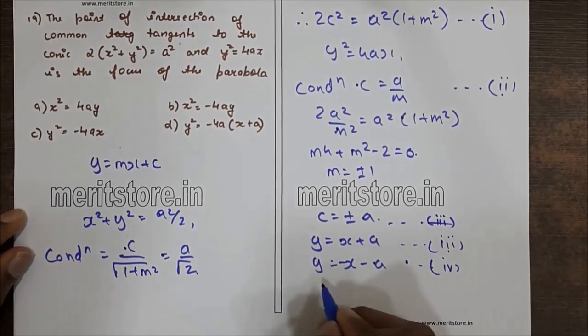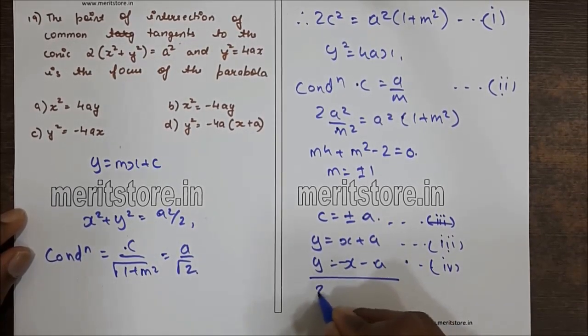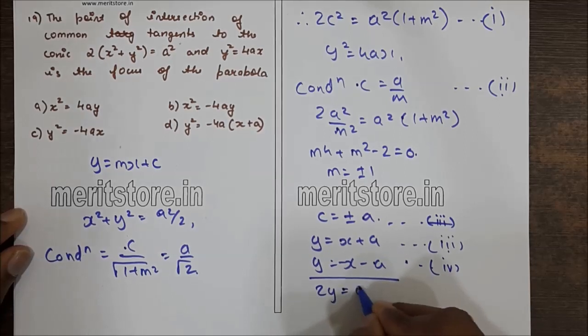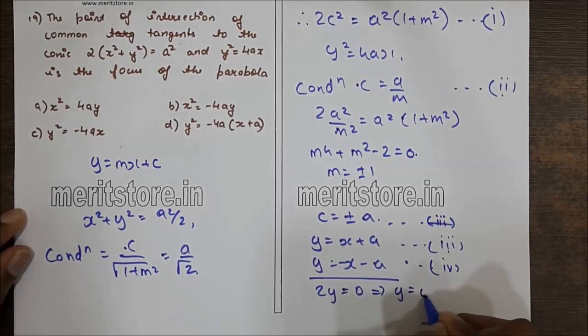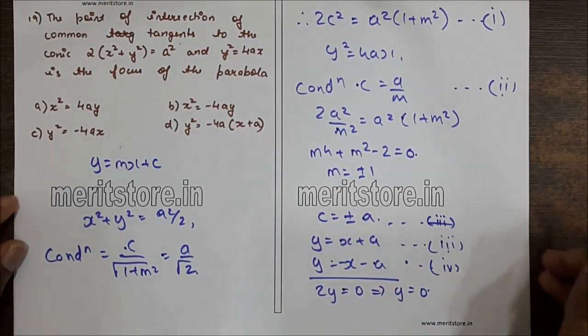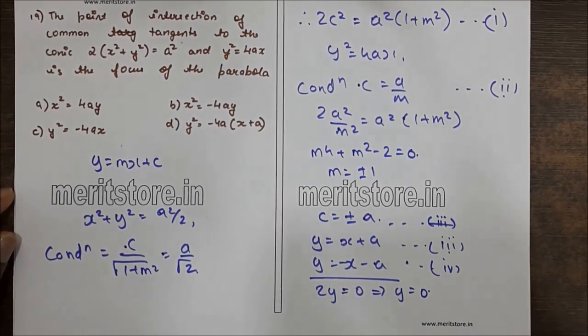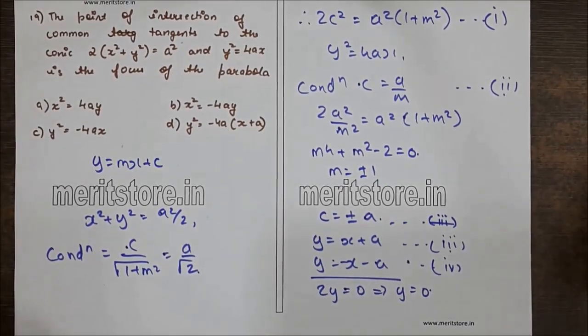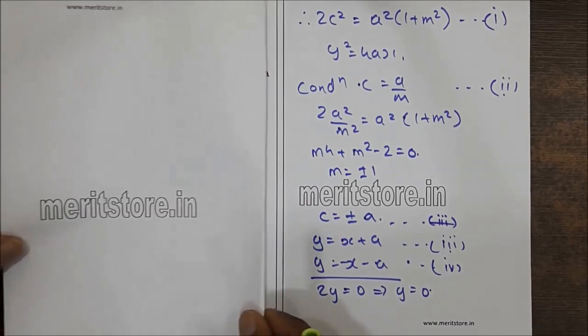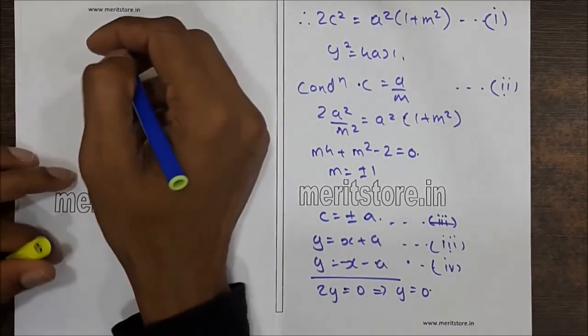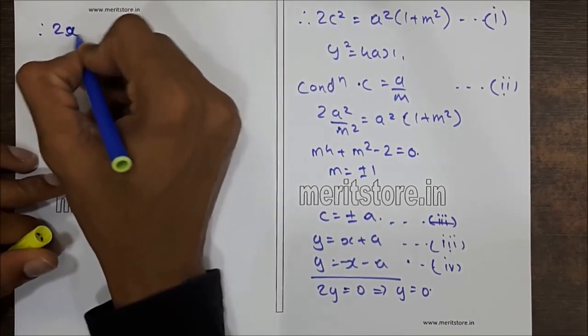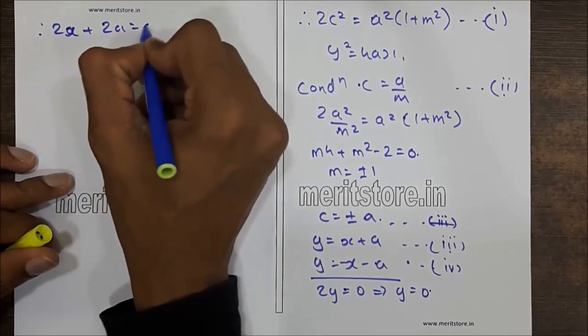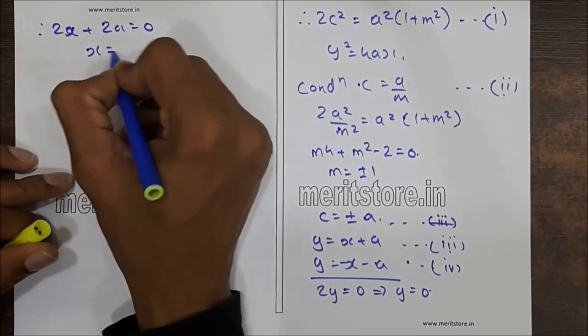Solving these both, we get 2y equal to 0, which is y is equal to 0. Substituting the value of y, we get 2x plus 2a equal to 0. When we solve this, we get x is equal to minus a.